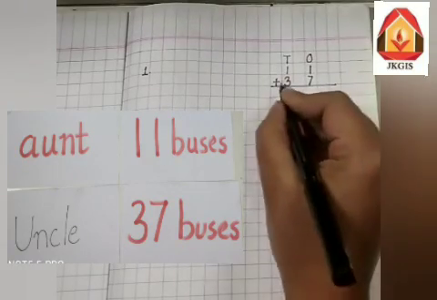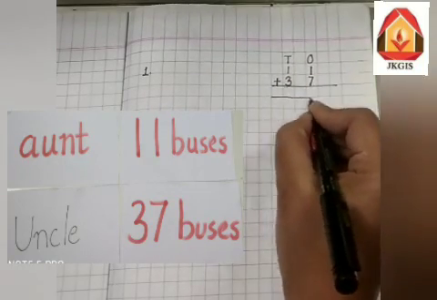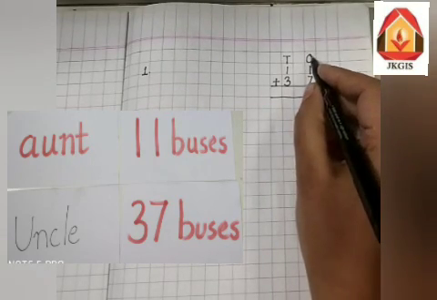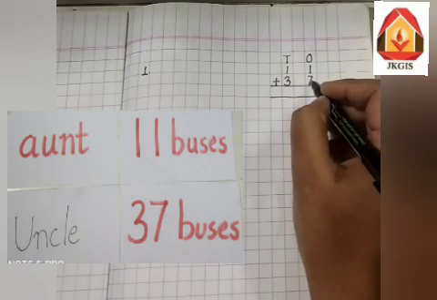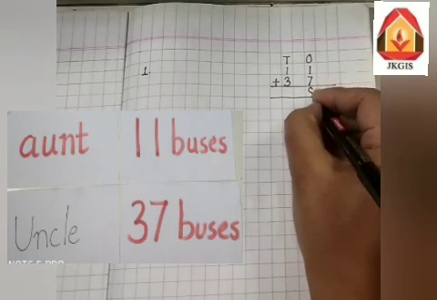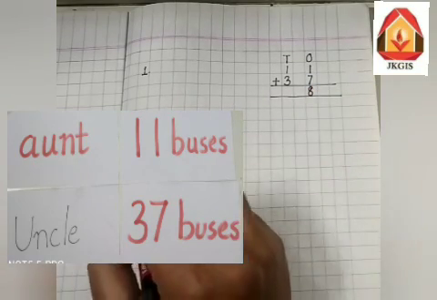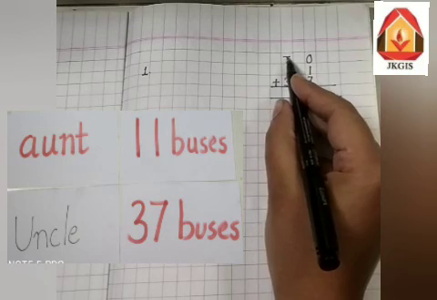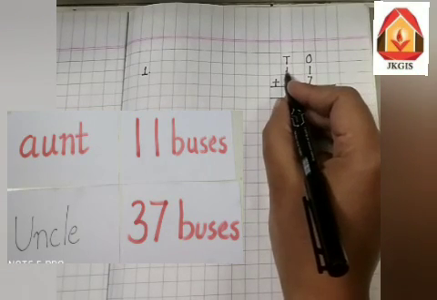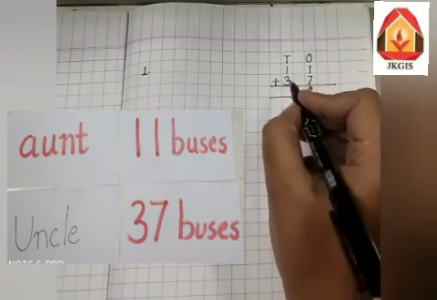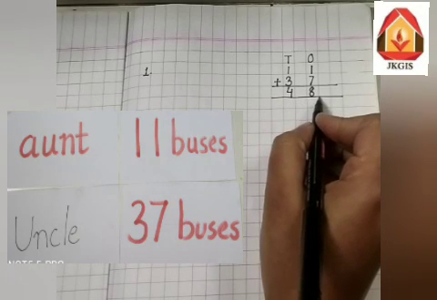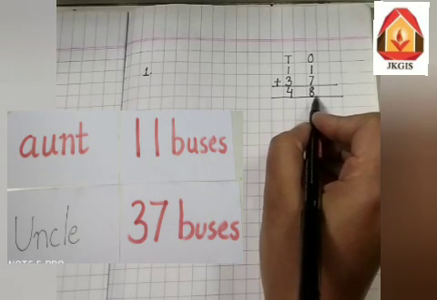So we will put the addition symbol, and first we will add the ones place digits. 7 plus 1, 7, 8. So 7 plus 1 is equal to 8. Then we will add the tens place digits. 3 plus 1, 3, 4. So the total number of buses they have is 48.